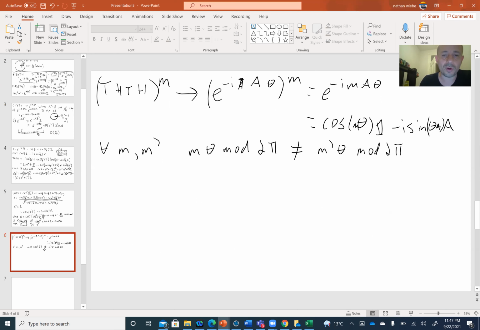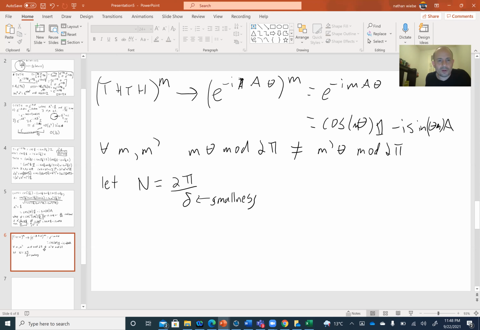The way that we're going to do this is let n be equal to 2 pi over delta, where delta is a kind of smallness parameter. What we would ideally like to do is find from this two rotation angles that are very close to each other.